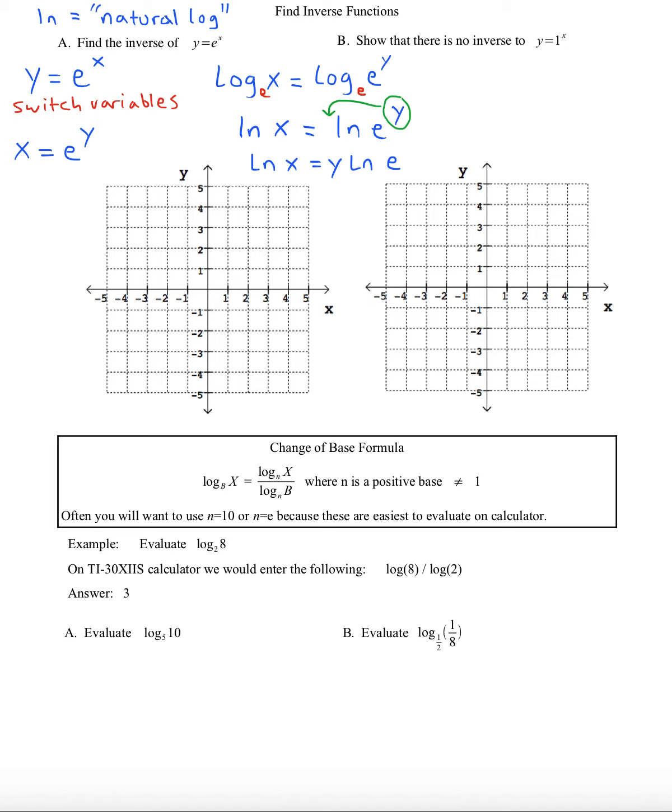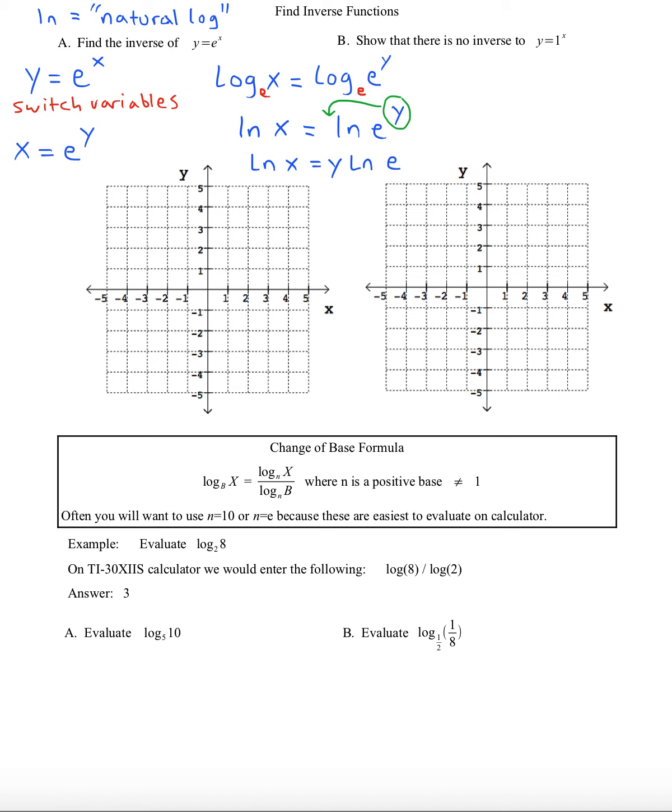You can try to plug it into your calculator. Just press the ln button, and then press the e button. You may have to put in an exponent for e of 1 if you're using the TI-30X2S. And you'll see that ln e is actually 1.